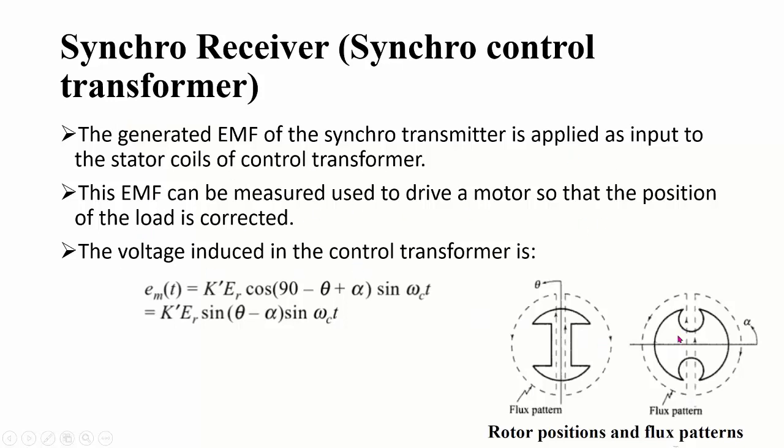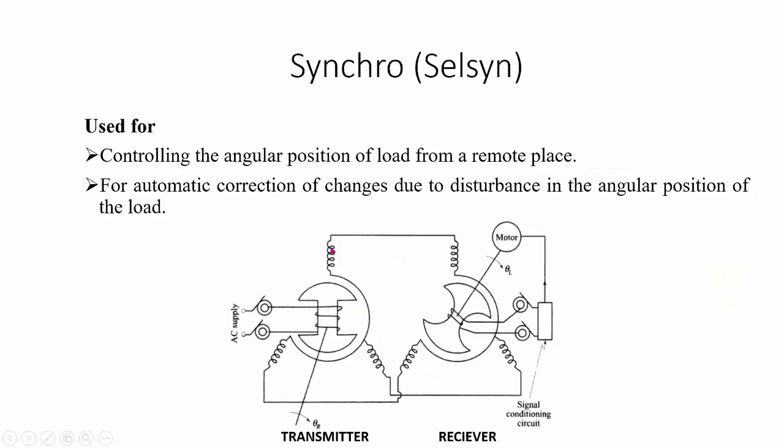So what happens is that there will be a flux generated. The voltage that exists across this coil will be fed to this coil. Likewise, other coils will be feeding voltages at the stator of the receiver. Then when you energize the stator of the receiver in the same fashion as the transmitter side stator voltages, the flux that will exist in the receiver core or the air gap, you call the space here the air gap or core, will be very similar to the flux that was existing in the air gap of the transmitter.